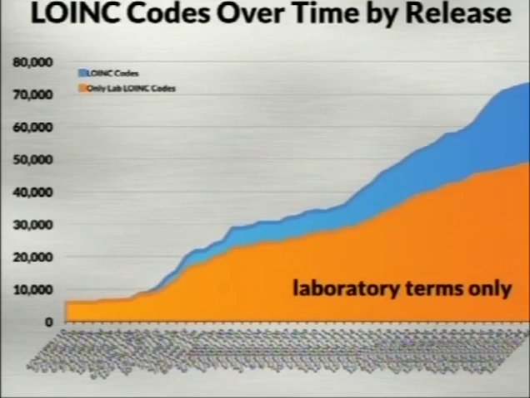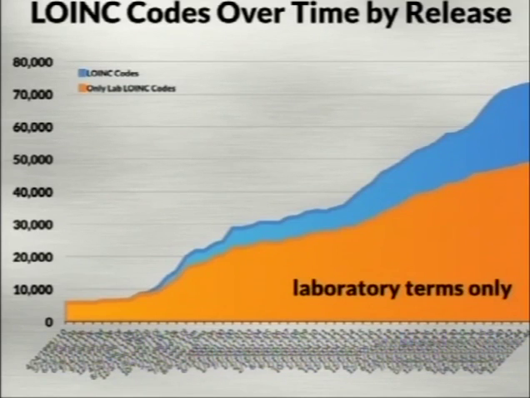This graph shows over time how LOINC has grown in terms of the content that's inside it. And I'm fascinated by this graph even as we progress with new releases. So this goes back to the first release in April of '95 until today. The last release, this is actually the December official release, has just over 73,000 codes.